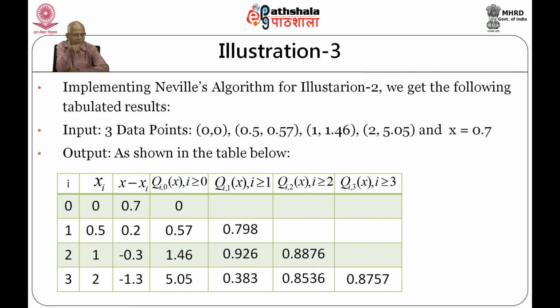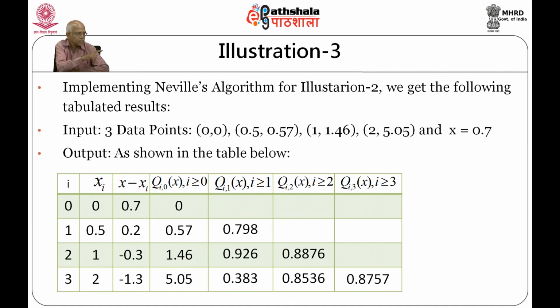Then the second entry in that column, I get it by taking 2 points, 1 and 2. So, I will be getting 1.46 into 0.2 minus minus 0.3 into 0.57.